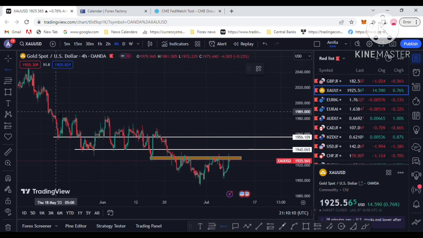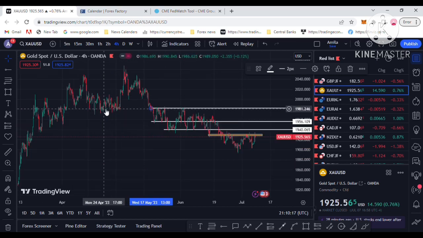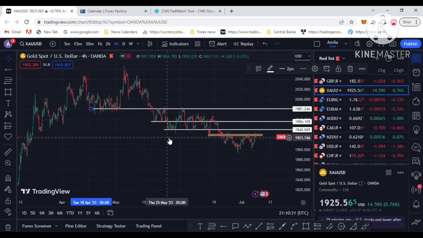The 1980 mark is the next zone. Technically it's a simple theory: support becomes resistance on the right side.